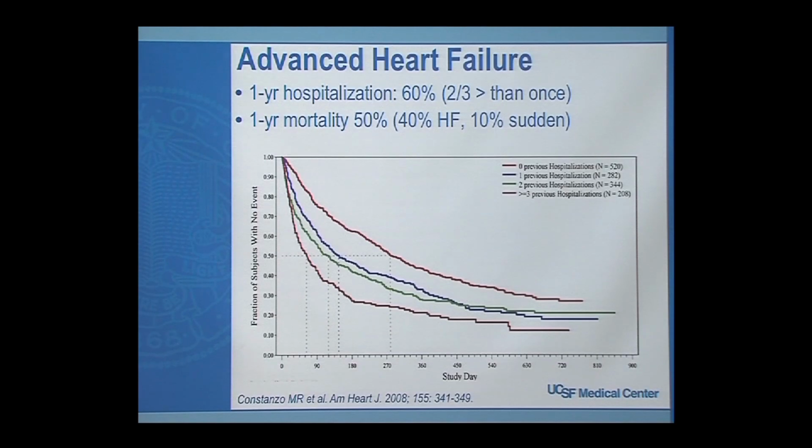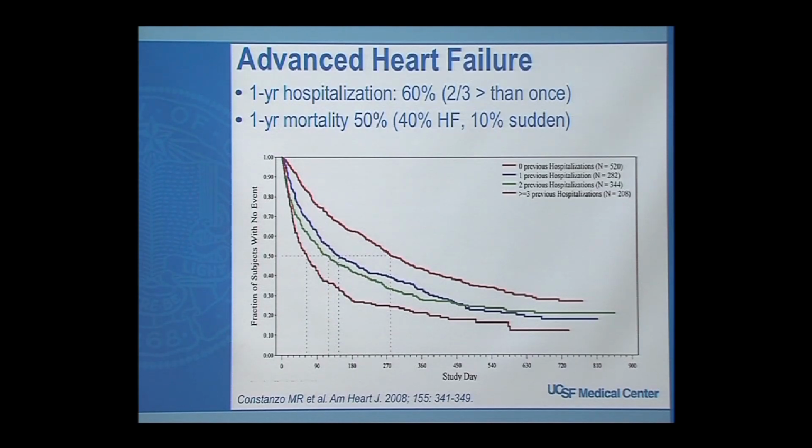And I just wanted to show a graph from one of the studies done about 10 years ago, looking at 100,000 patients that came to the hospital, and they looked at how many times they were hospitalized. And if you see here, in general, of the patients that were hospitalized, about 60% were hospitalized multiple times. And what they have here is survival.